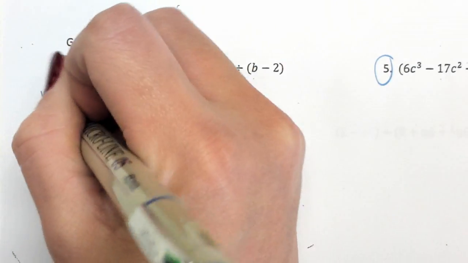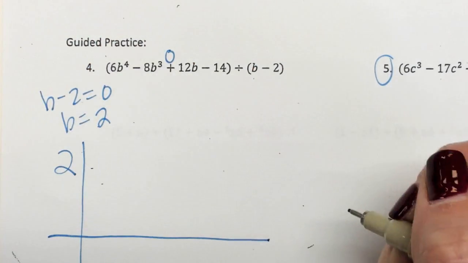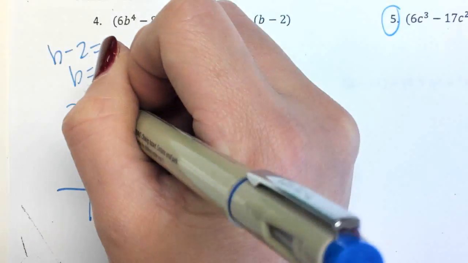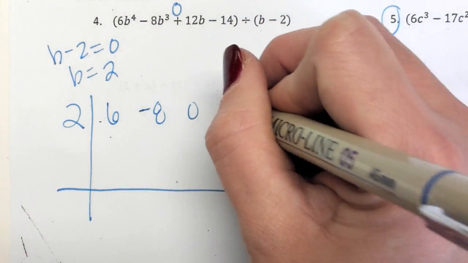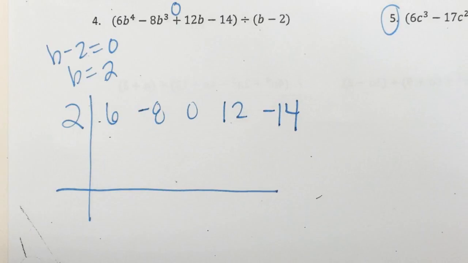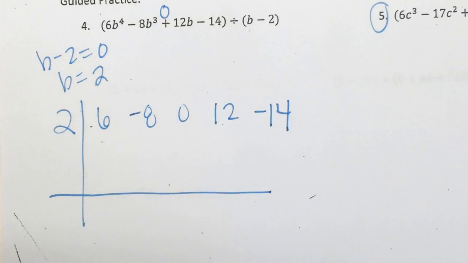Good. So B is what? Very good. Alright, Emily, tell me my coefficients that go up here. Go ahead. Good. Alright, Daryl, what do I start by doing after this? Where did you get that 2 from?